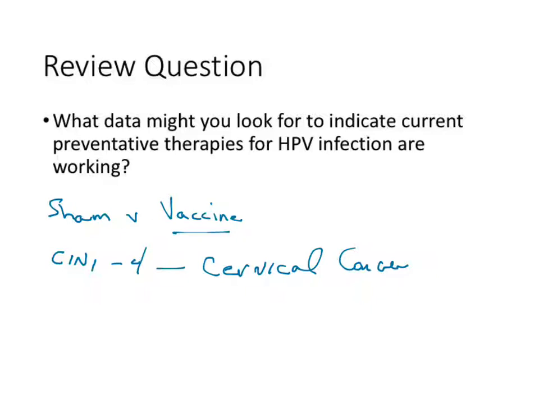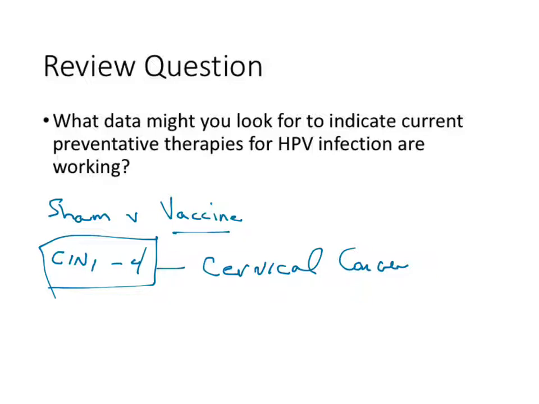It takes about 20 years or so from an HPV 16 or 18 infection for cervical cancer to develop. So they looked at these precancerous lesions, and they found these lesions were much less frequent in individuals who had received the vaccine than those who hadn't. Again, arguing that it was preventing the progression of cancer.